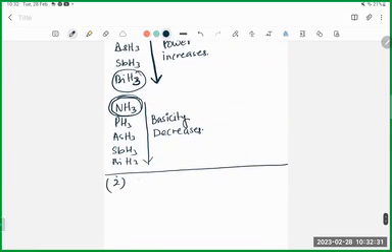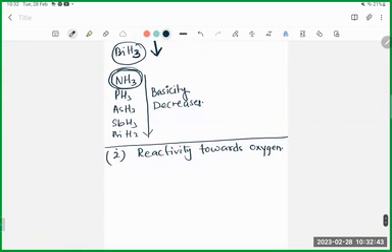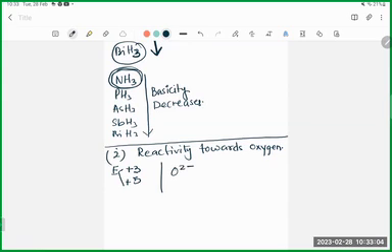Second property, reactivity towards oxygen. Remember, the elements can react in the +3 and +5 oxidation states. Oxygen's oxidation state is 2 minus.